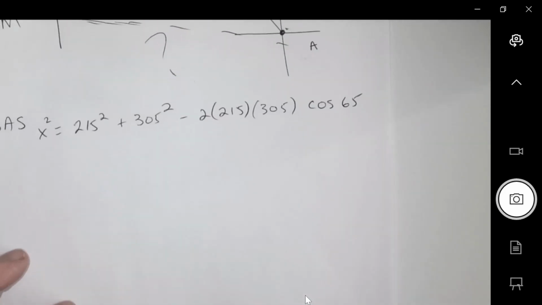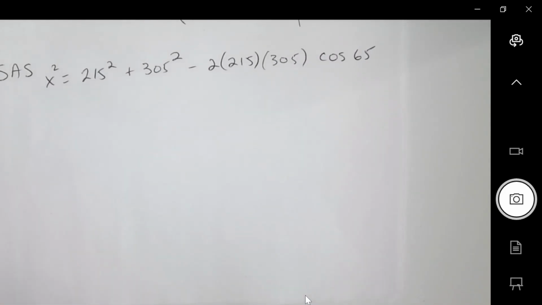So this is the SAS formula for cosine law. Okay, you all obviously have formula sheets with you right now, right? Maybe that'd be a good idea just to get them out so you can practice looking at them and filling that in.